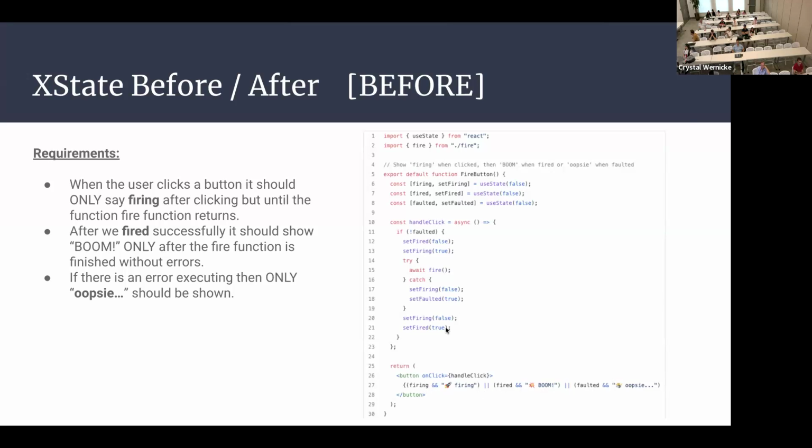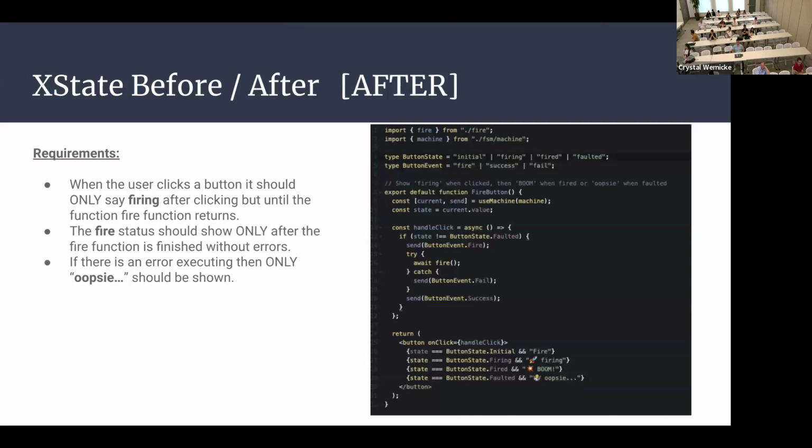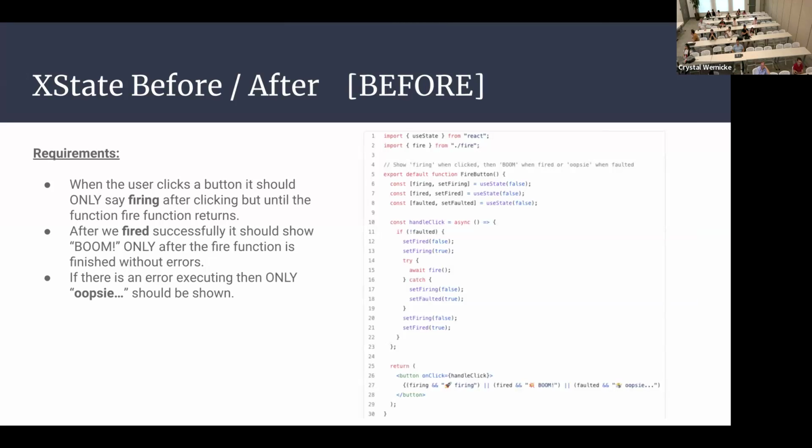But the truth is, when we're working on a team and we get another requirement added to this, we can easily create another condition, maybe miss one of the states that we had, and we can create a bug easily in there. So I'm going to show you now the code after applying a state machine.